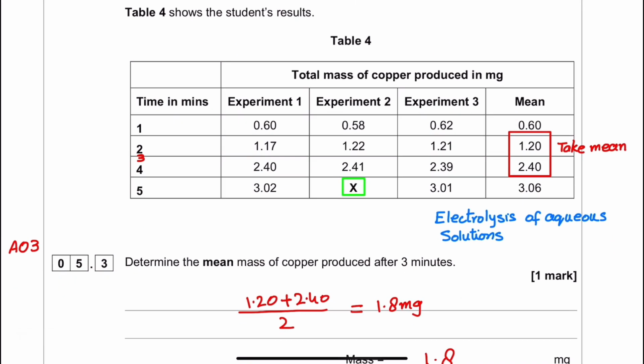In table number 4, the mean value is given here. And from here, in mathematical calculation, this X is missing. So we will use the mean value to find the value of X.